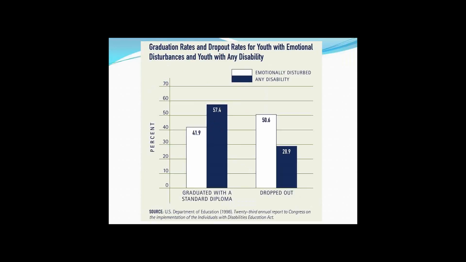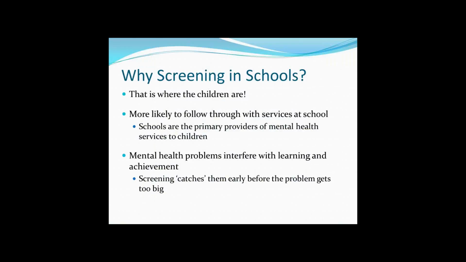These are all kids that have special needs and are getting special supports in the school, but those with an emotional disturbance are far more functionally impaired than other special ed kids. Which just points out that the need for screening to identify what support services they might need is even more crucial to the success of these kids.